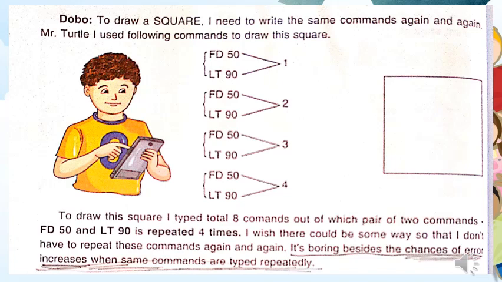Dobo says, "I typed a total of 8 commands, out of which a pair of 2 commands, FD 50 and LT 90, meaning forward and left turn, is repeated 4 times. I wish there could be some way so that I don't have to repeat these commands again and again. It's boring, besides the chances of error increasing when commands are typed repeatedly."